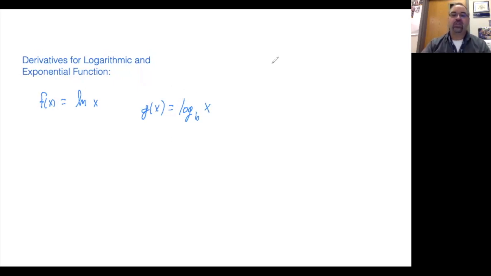Your change of base formula is going to be super helpful here. If you want to change the base of a logarithm, log base b of x is natural log of x divided by natural log of b.